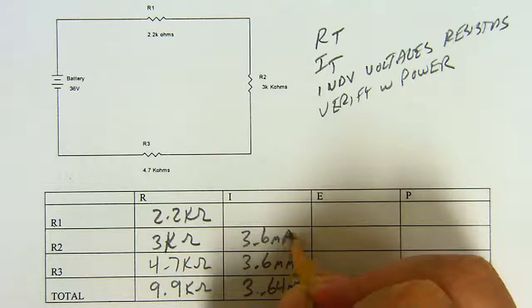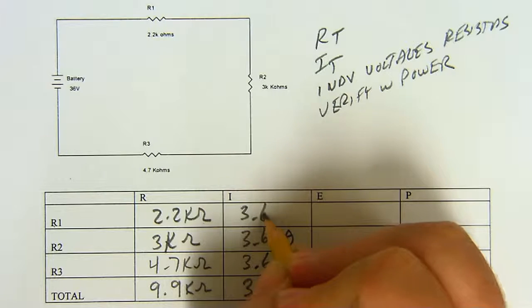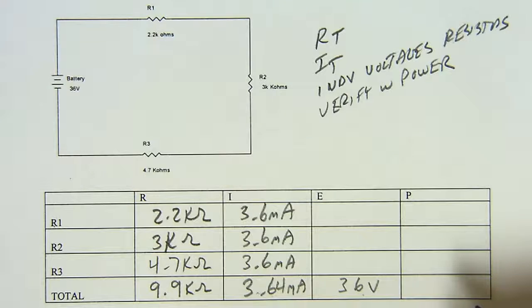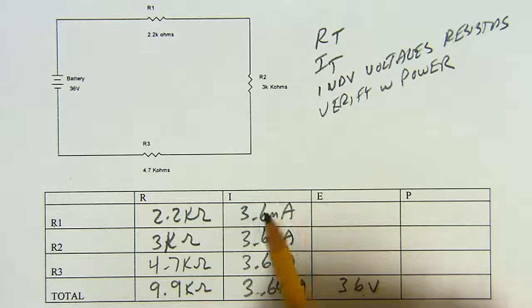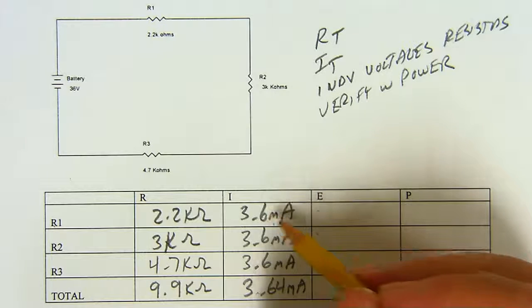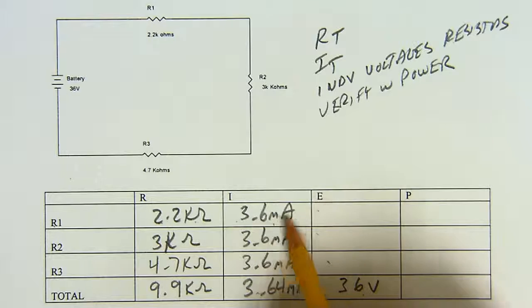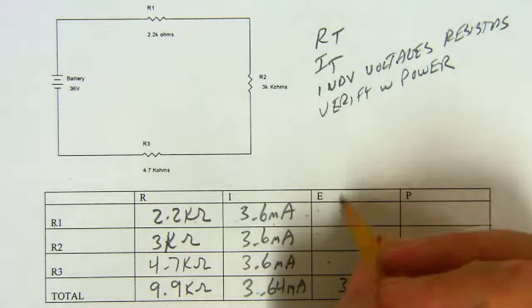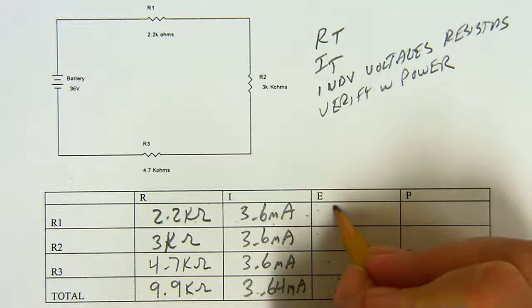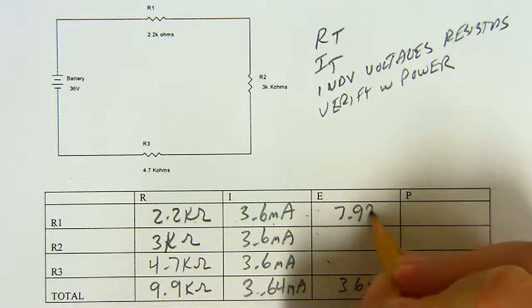Feel like a drill sergeant, but very important. Current's the same everywhere in a series circuit. Individual voltages, we multiply across. 2.2 k ohms times 3.6 milliamps. What do I get for our R1 volts? 7.92 volts.